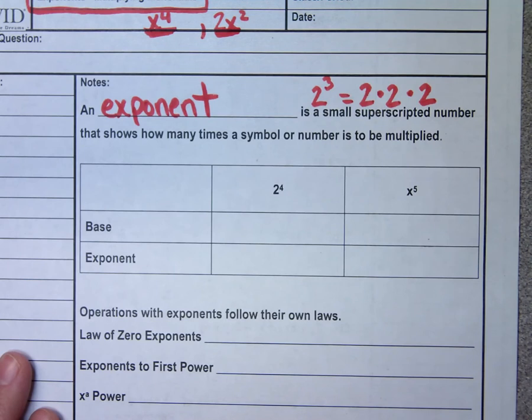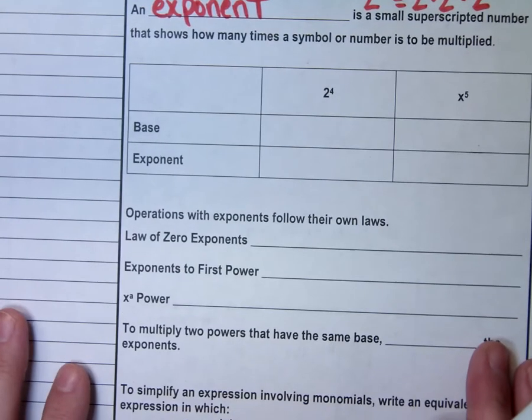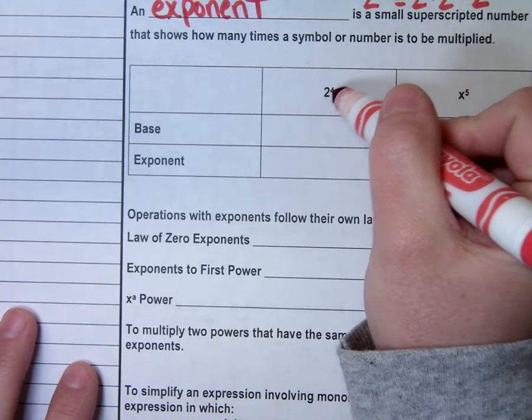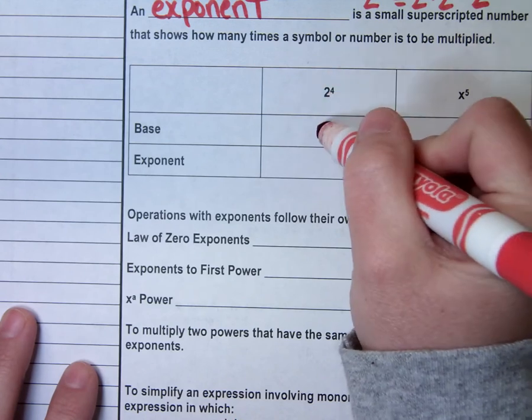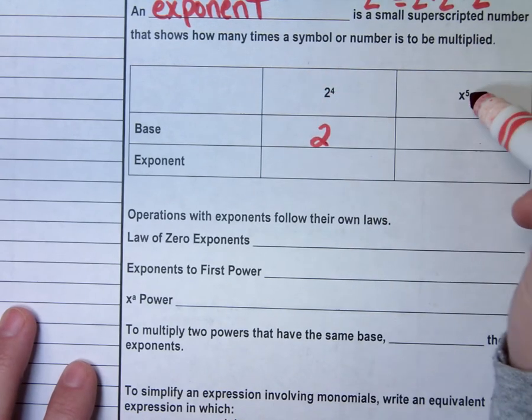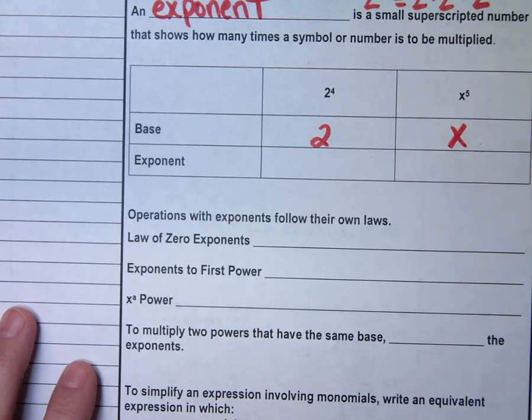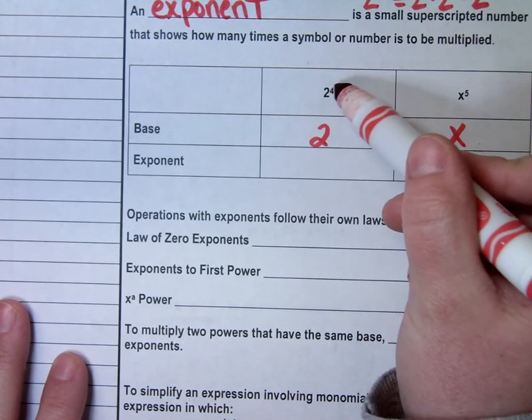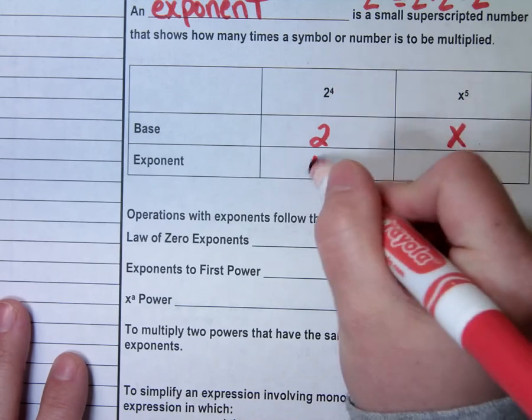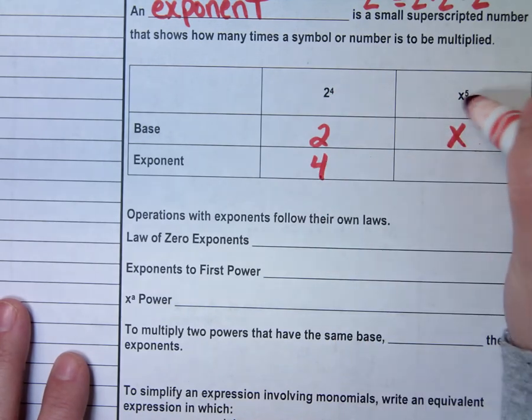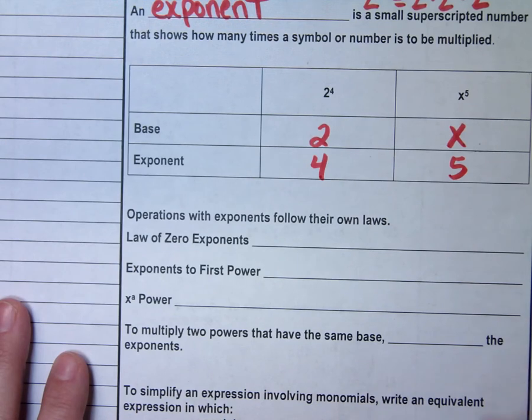Okay, we actually have terms for some of these words. The number under the exponent is the base, so 2 is the base. In this one, the number under the exponent, that's the base, so x is the base. And then the exponent is the superscripted number, so 4 is the exponent, and in this one, 5 is the exponent.